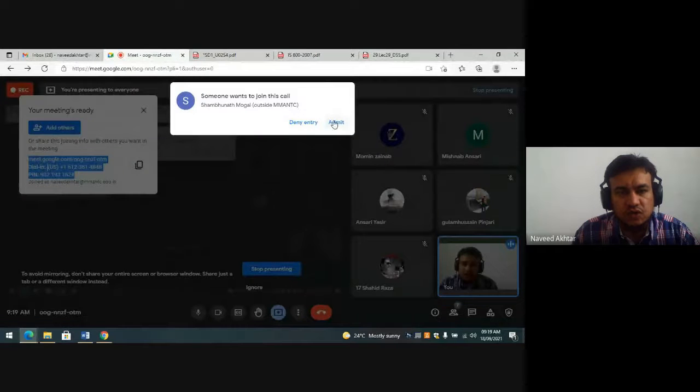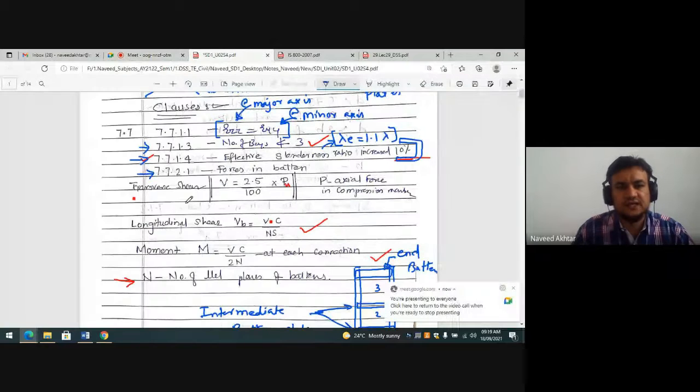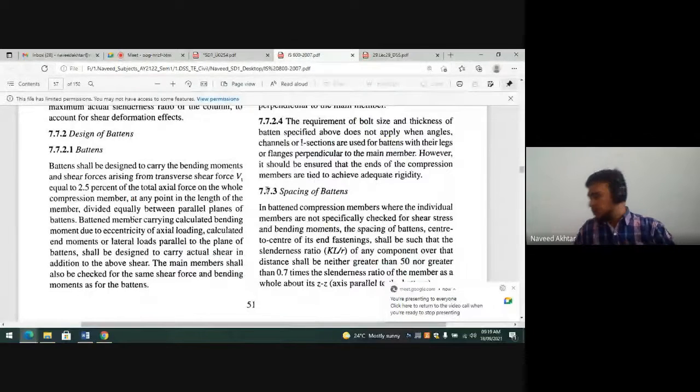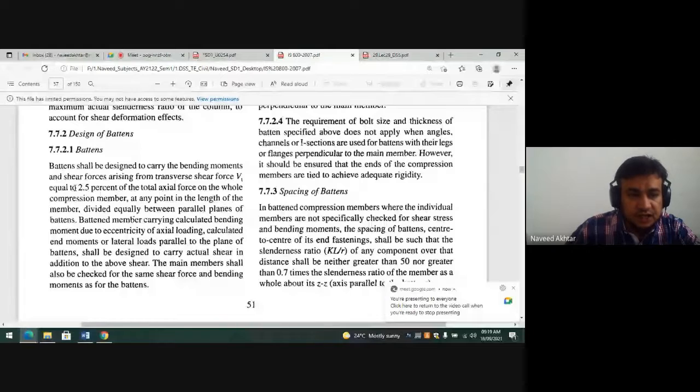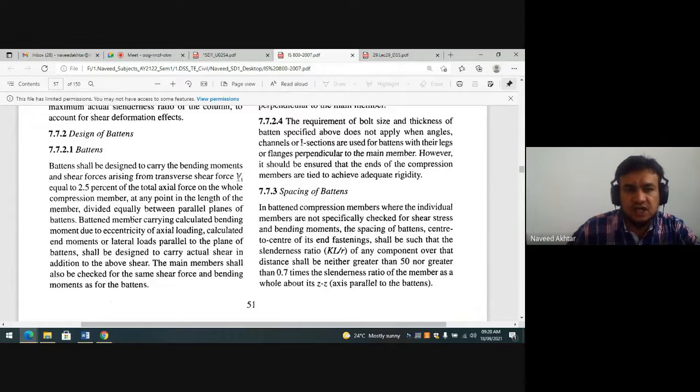So you have to design your batten for the shear force and the moment. So you can see here what it says that batten shall be designed to carry the bending moments and shear forces arising from transverse shear force.